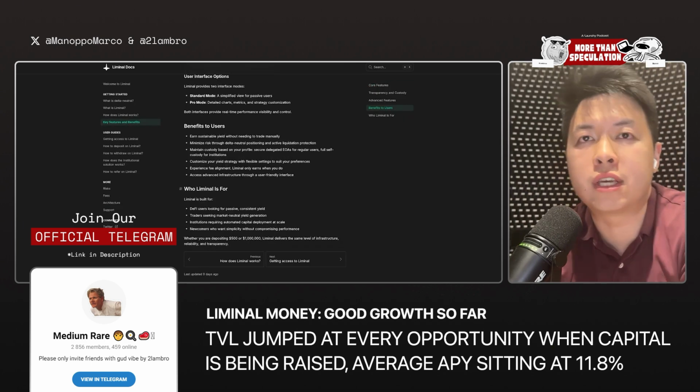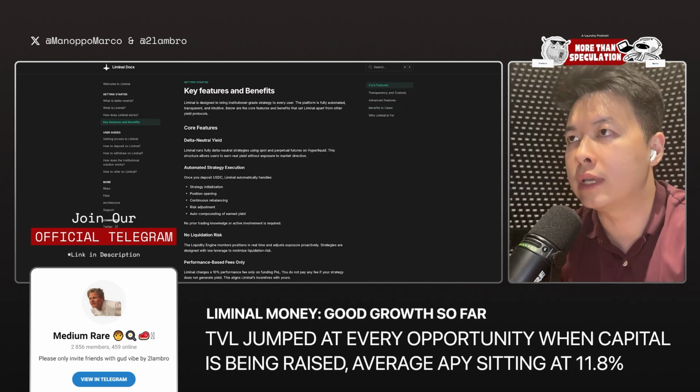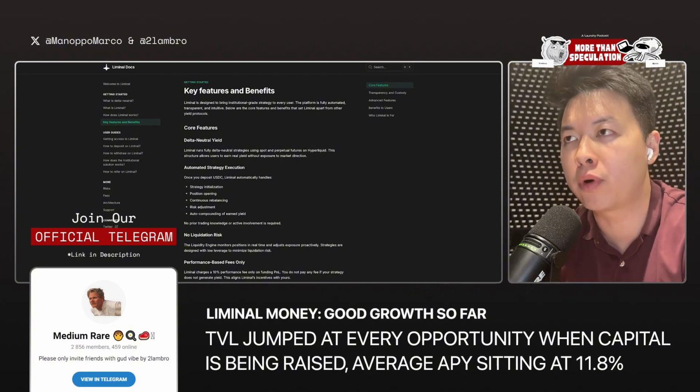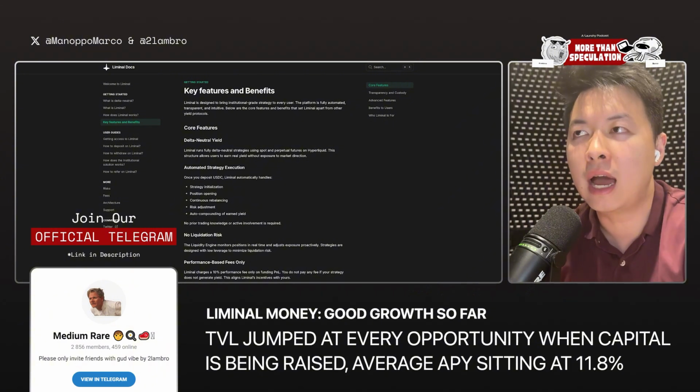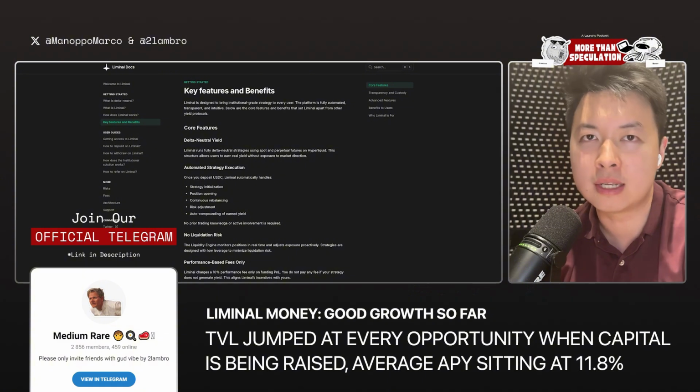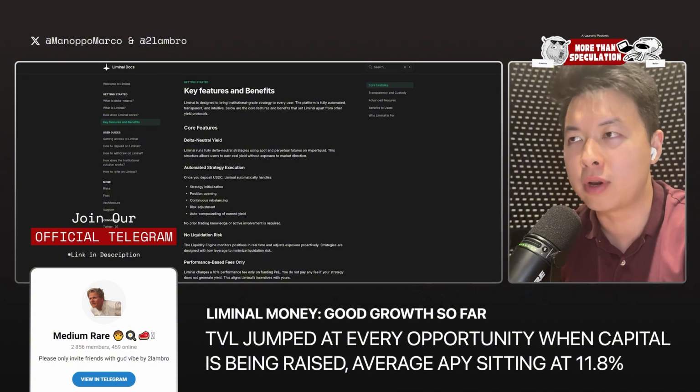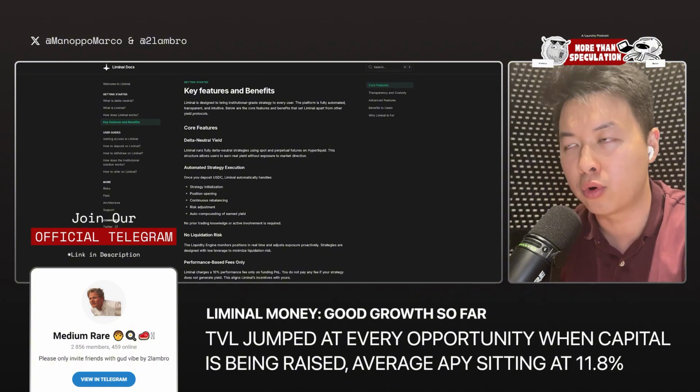I think what's interesting here is to see how eventually folks would be able to create their own perps market with HIP3 and how that update would impact DeFi protocols such as Liminal in creating new strategies, or even, let's say, utilizing a lot of the liquidities when HyperEVM and Hypercore are much more interchangeable in terms of their liquidities and all of that.